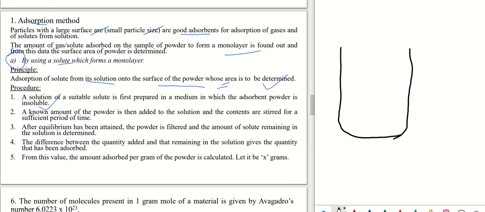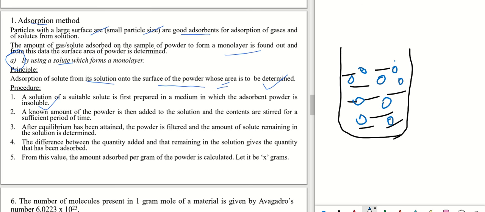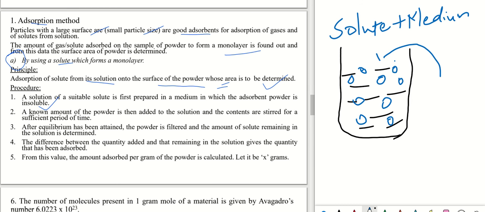Take a beaker, add some medium, and add some solute, chosen in such a way that it is insoluble. So we are having solute plus medium, and to this we need to add our sample to which we need to determine the surface area.